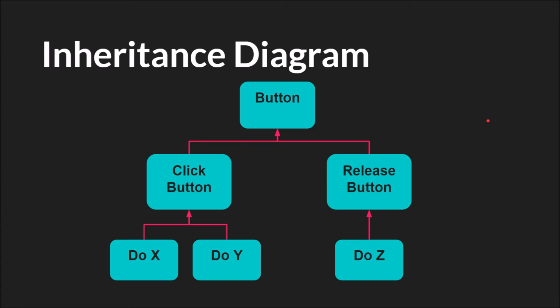Here we can see a simple diagram that corresponds to the example code we're going to show in a moment. We're going to have a button class. It's going to have two children, one click button and one release button. Release button will have a child called do Z, and click button will have two children, do X and do Y. So the primary button parent will have a step event, which will simply highlight the button if our mouse is hovering over it.